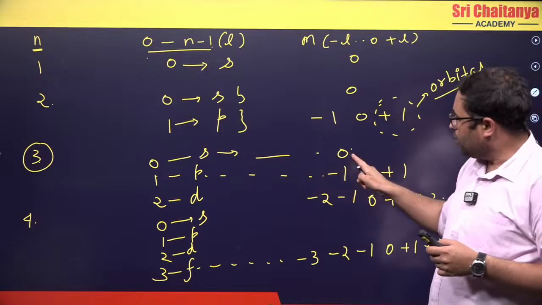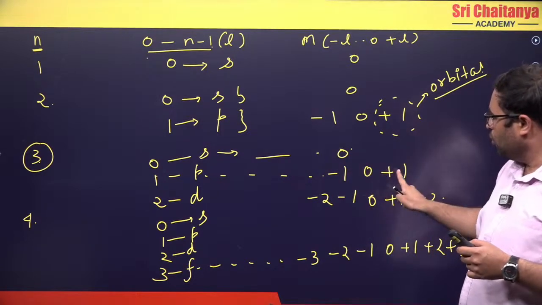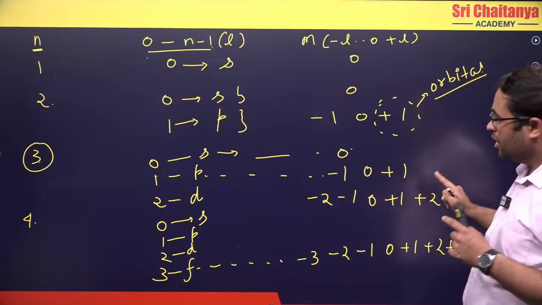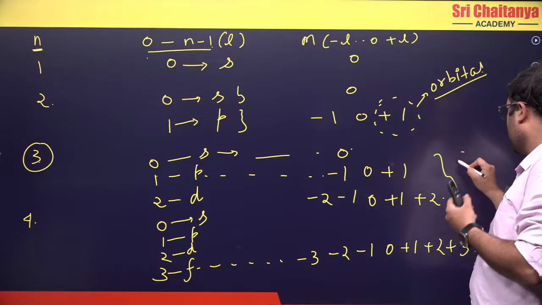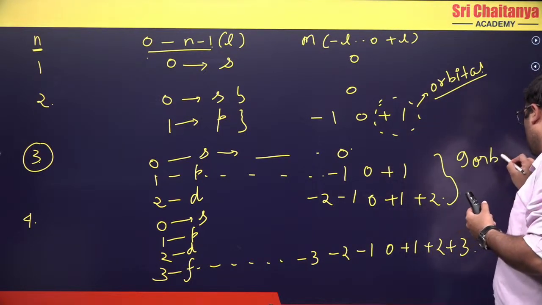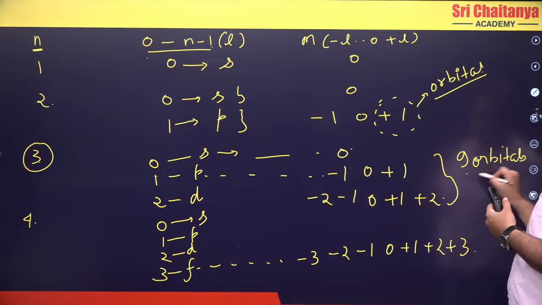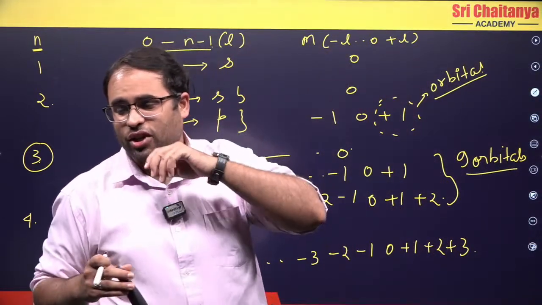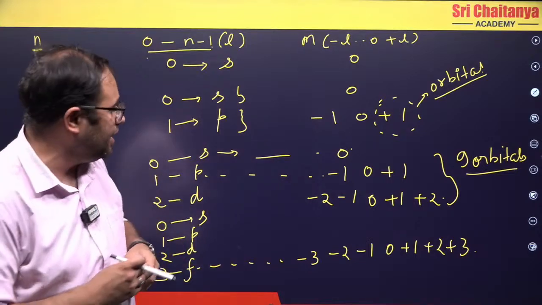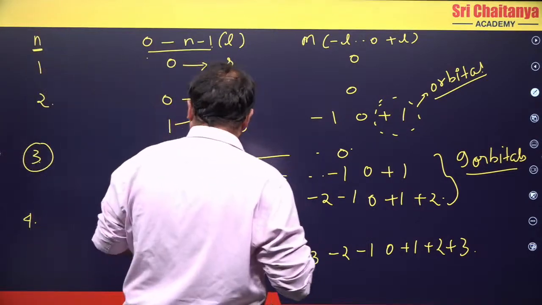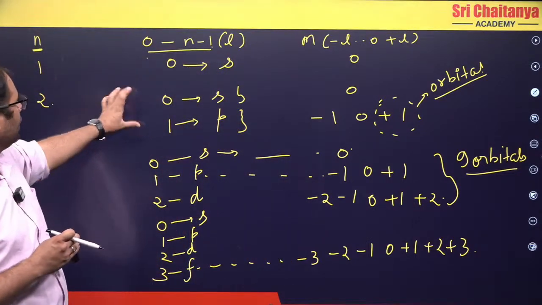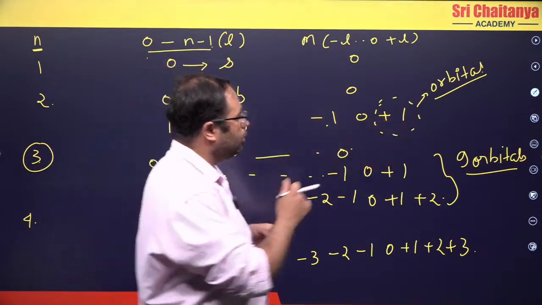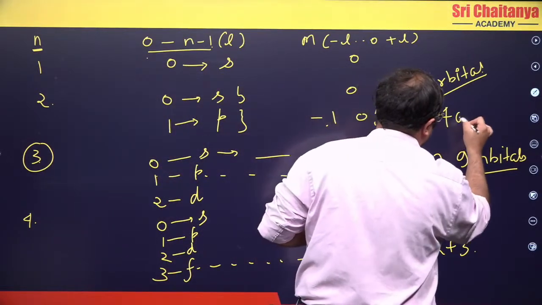Let us count. 1, 2, 3, 4, 5, 6, 7, 8, 9. So, it has a total of 9 orbitals. Now, what about N equals to 2? 1, 2, 3 and 4. So, total you are having here 4 orbitals.